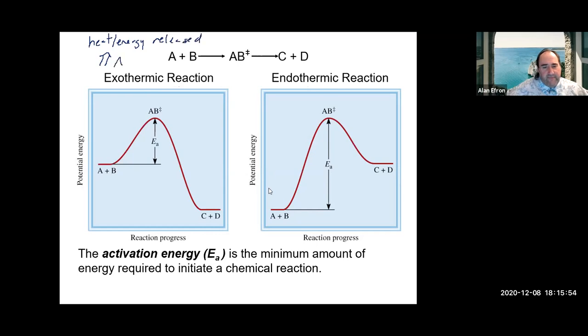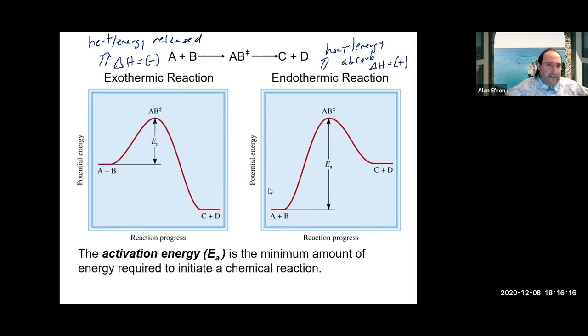In terms of exothermic, usually we look at enthalpy, and that's a negative value. The one on the right is endothermic, which means heat and energy is typically absorbed, and one way to represent that is delta H, our enthalpy, which usually is a positive number.